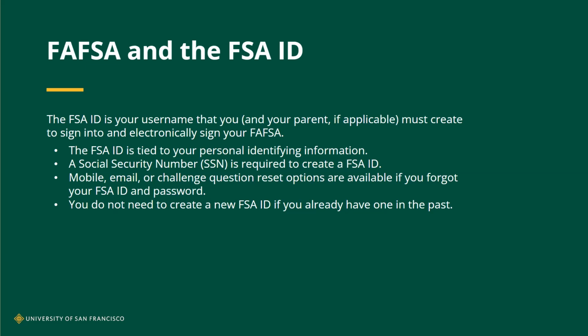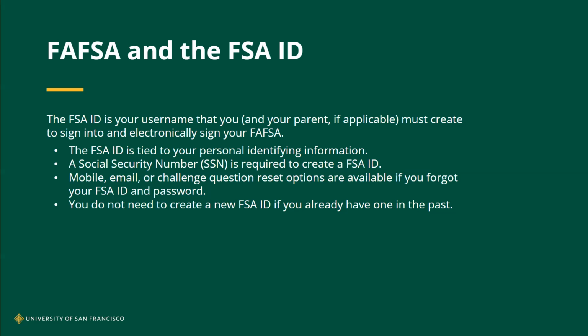So a little bit more on the FSA ID. The FSA ID is your username that you must create to sign into and electronically sign your FAFSA. Your parent, if applicable, will also need to create an FSA ID. The FSA ID is tied to your personal identifying information, such as your social security number, your date of birth, and your legal name.